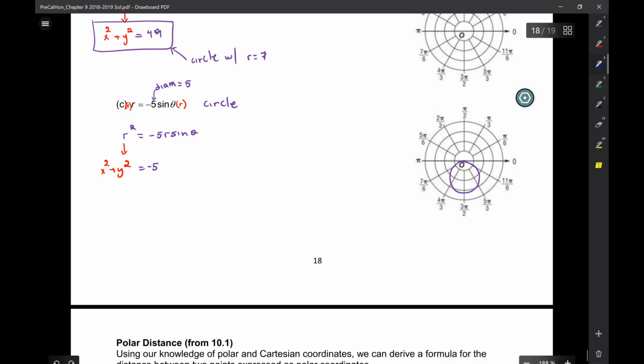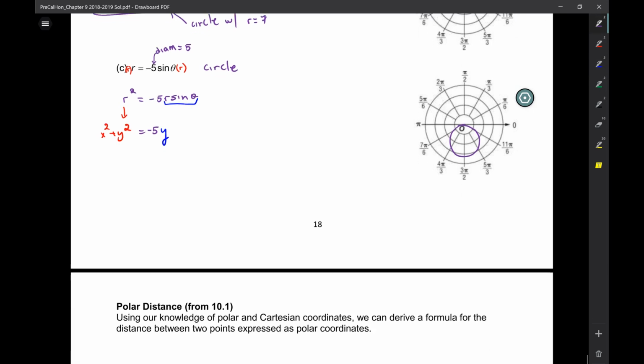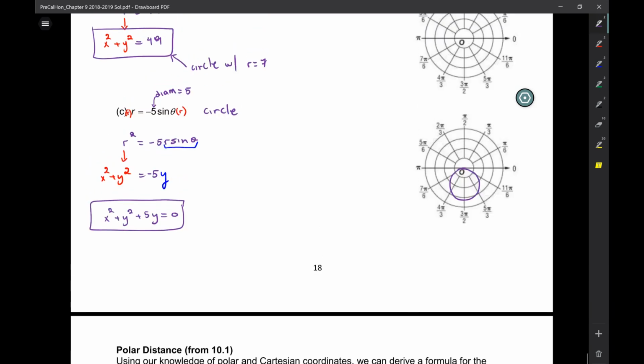It's negative 5 times r sine theta, which is y. Okay? Now let's bring everything to the same side, because normally this is how it's written. Believe it or not, this is where this ends. But I know you don't believe me. So let's do a little bit more here.